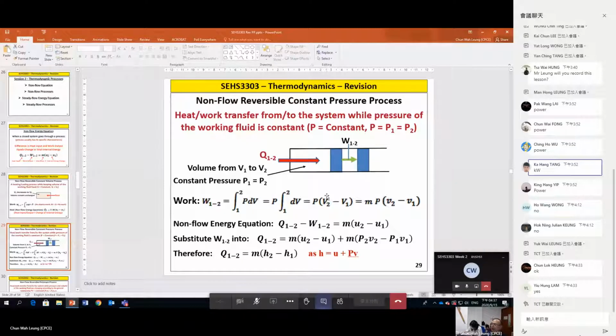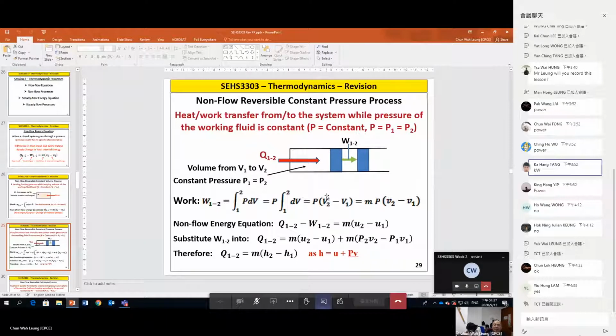Now, integration of dV is very simple. The integral of dV is just V. Lower limit is 1, upper limit is 2.